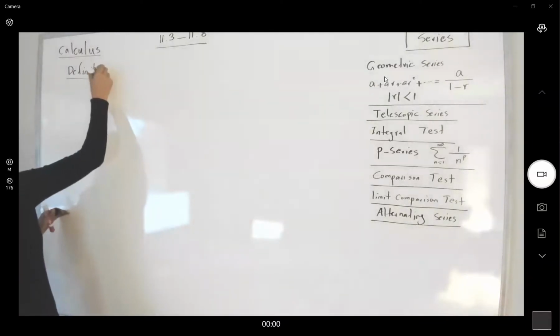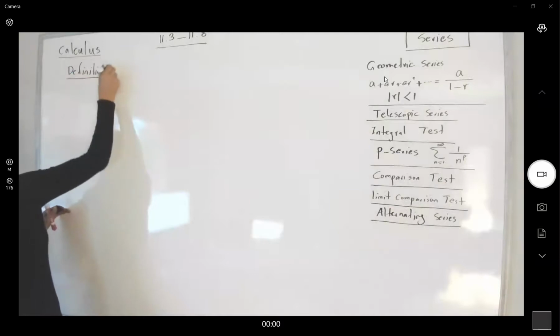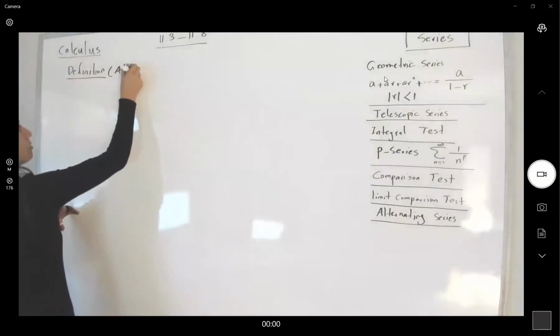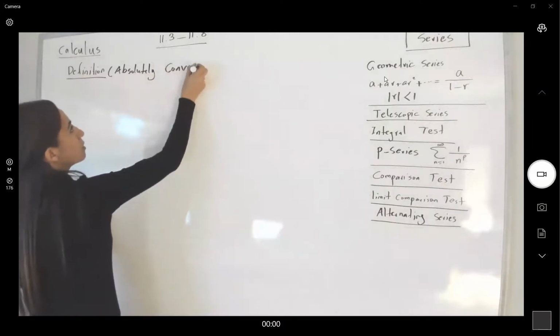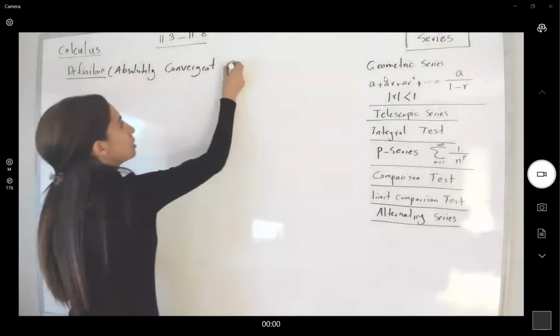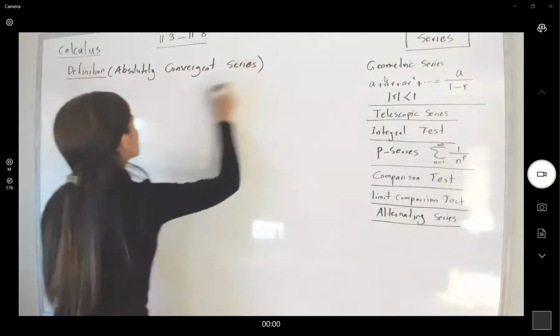Definition of absolutely convergent series.